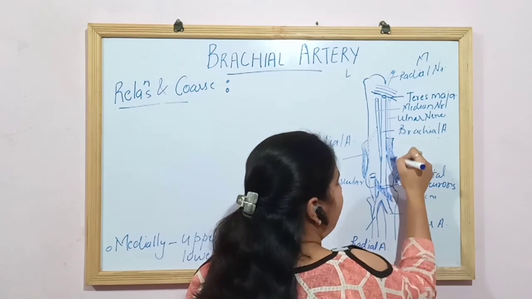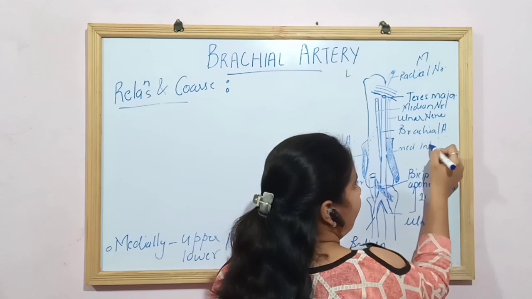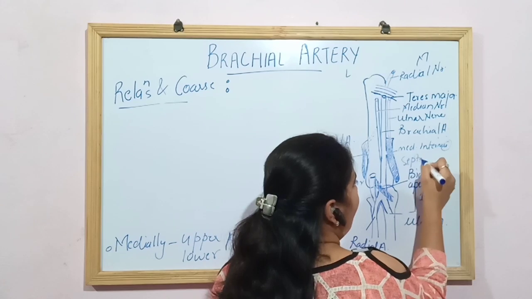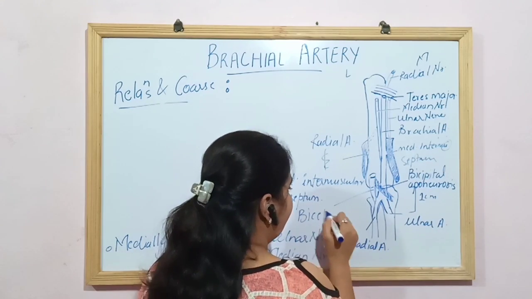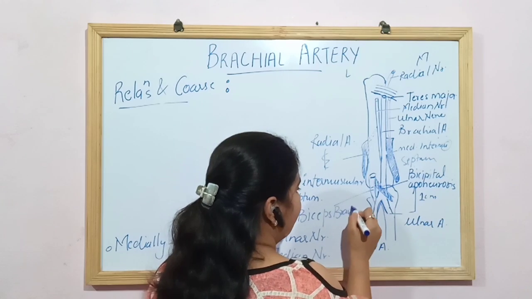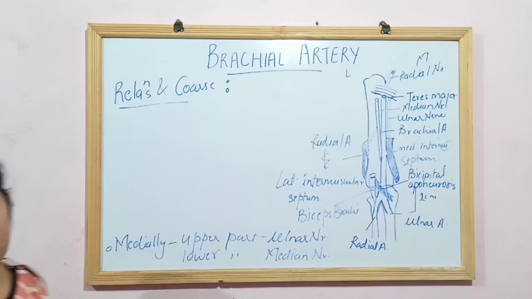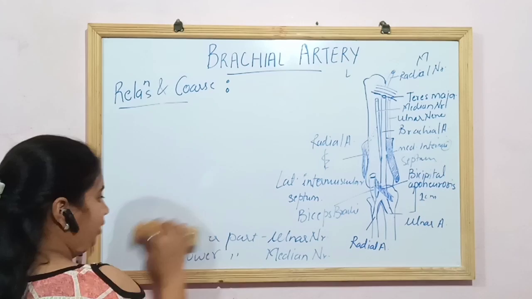And this one is the medial intermuscular septum. This is the biceps brachii tendon. Okay, so we are done with the anterior part, posterior part, and medial part, and now the lateral relation.